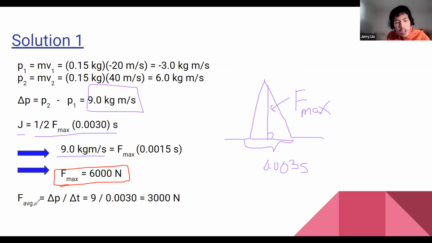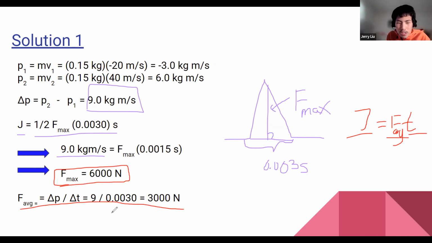And then F average, remember the formula that the impulse is F average times T. We already know what F average is, we just found that out. No, we don't know what this is. We know what T is, and we know what J is because they were already found in the problem.